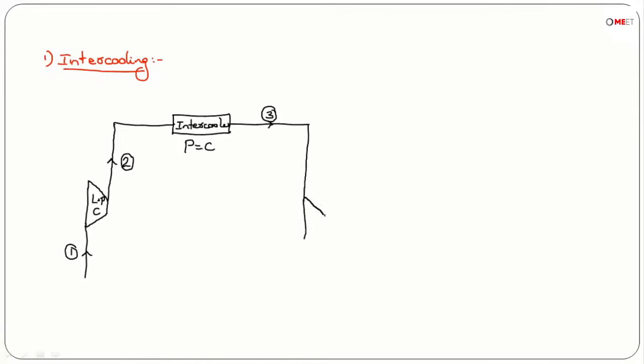Here the air is further compressed in another compressor, and this compressor we call the high pressure compressor. In this high pressure compressor air gets compressed and comes out at condition 4, and now this enters the combustion chamber.